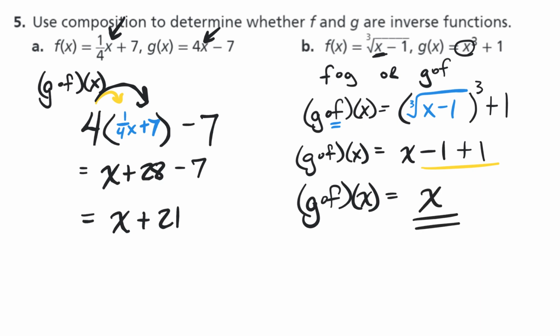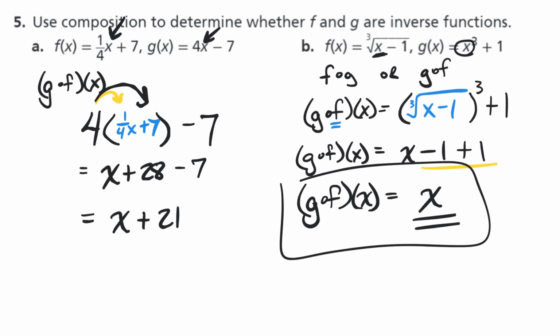When it equals x, that means those two functions are inverse of one another. So if you get anything other than x, like on part A, they are not inverse functions. If you get equal to x, then you have inverse functions. But once again, you could compare tables and make this same distinction.